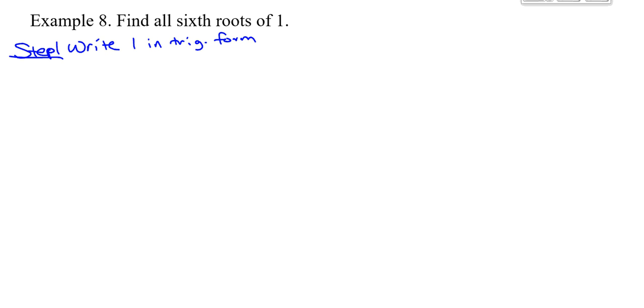Think about that: a plus bi, the plain old number 1 is 1 plus 0i. Do you agree with that? So we'll just go 1 plus 0i. Then think about where that point is on the complex plane.